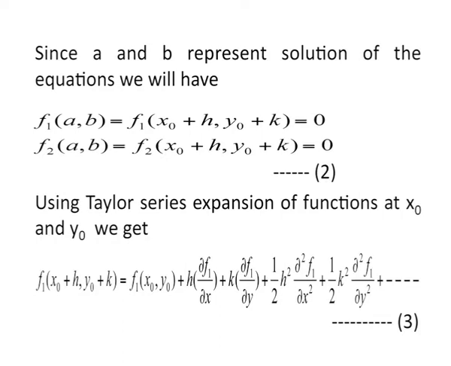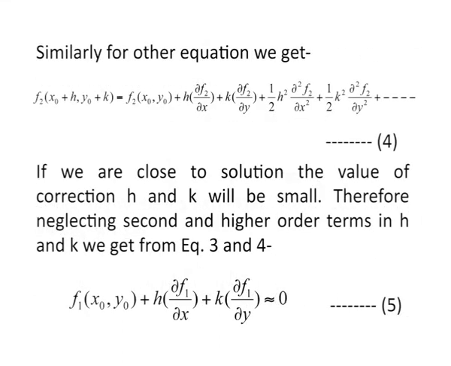You can see the Taylor series expansion of function f1 in equation 3, and similarly we get the expansion of function f2 in equation 4. Now, the correction terms h and k are small, therefore, we can neglect the terms of order h square and higher. Similarly, we can neglect the terms of order k square and higher, and we get the approximate form of equations 3 and 4 as equations 5 and 6.